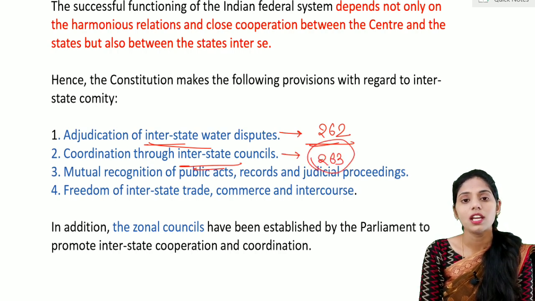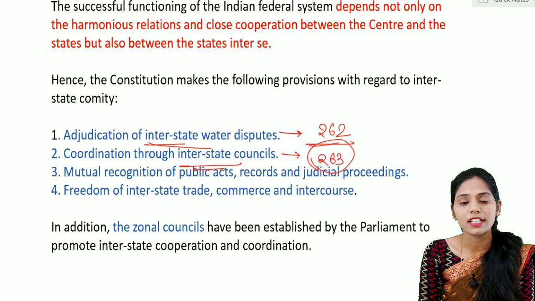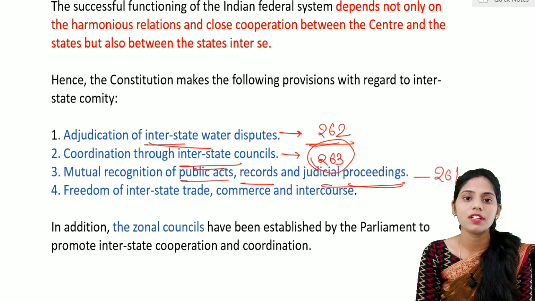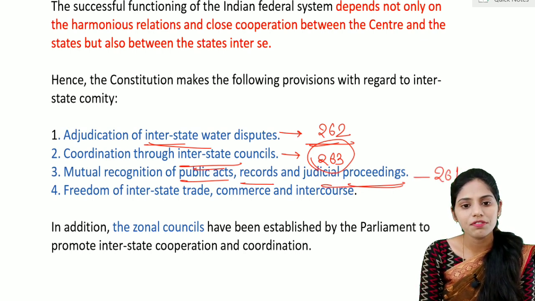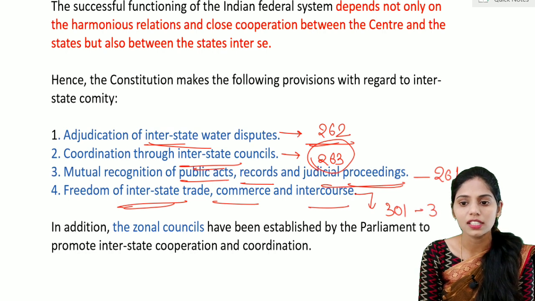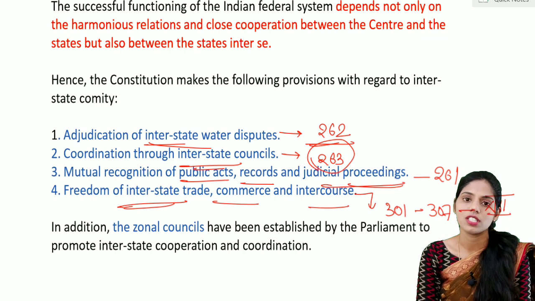The next one is the mutual recognition of public acts, records and judicial proceedings under Article 261. And the next one is freedom of interstate trade, commerce and intercourse under Article 301 to Article 307, which comes under Part 13 of the Indian Constitution.